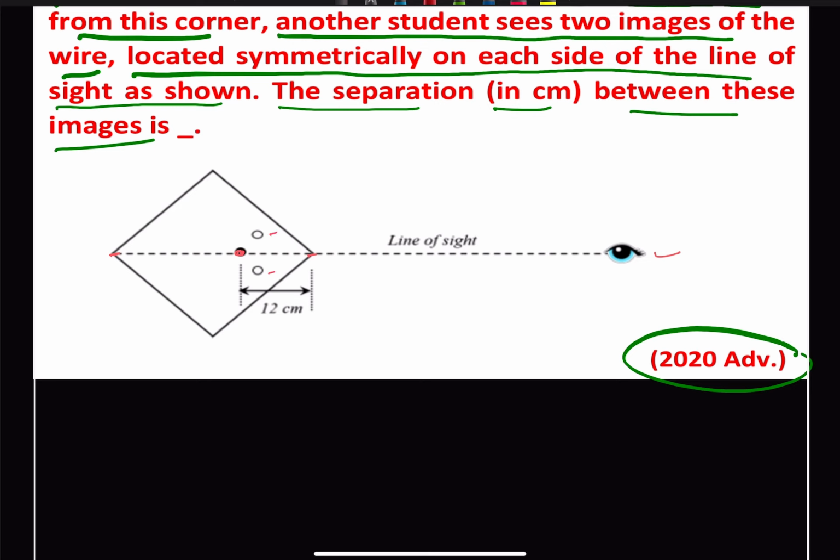So these are two images which are symmetrical about the axis, and we need to find out the distance between them. This is not according to scale, so this is just an approximation of the given question in terms of the figure.